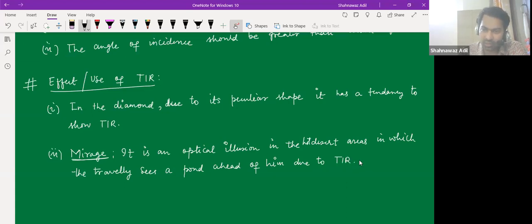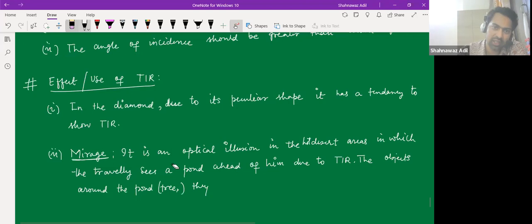And the objects around the pond, let's say a tree or anything else, appear inverted.